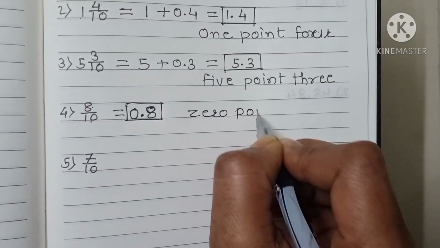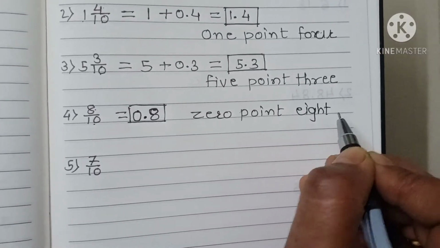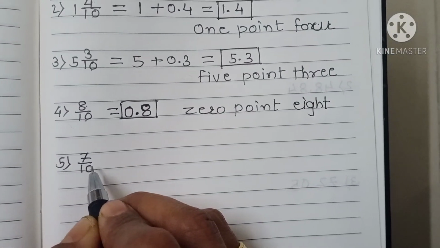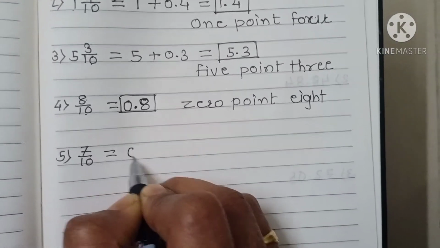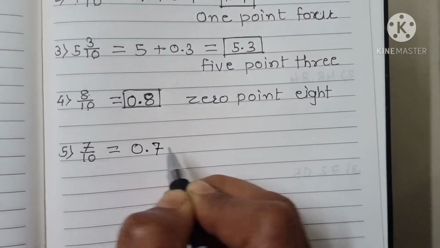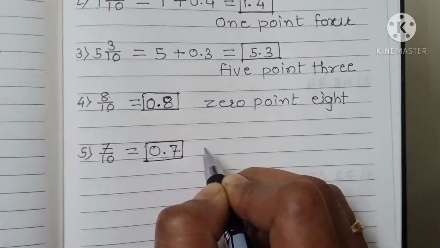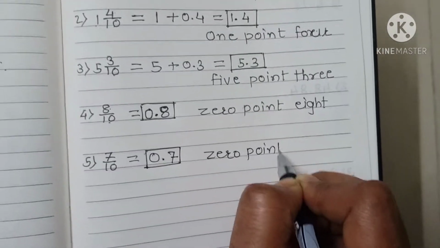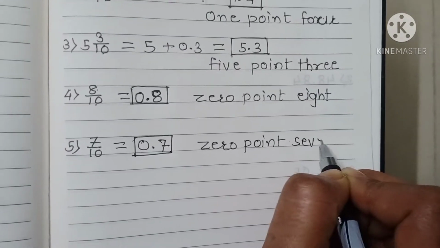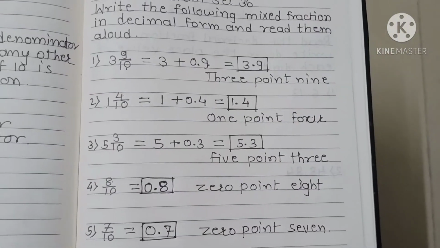Now here 7 upon 10. So the answer is 0.7. Here problem set 36 is over.